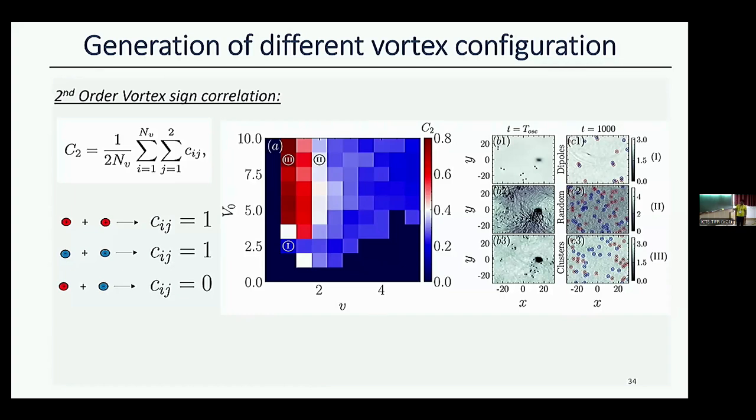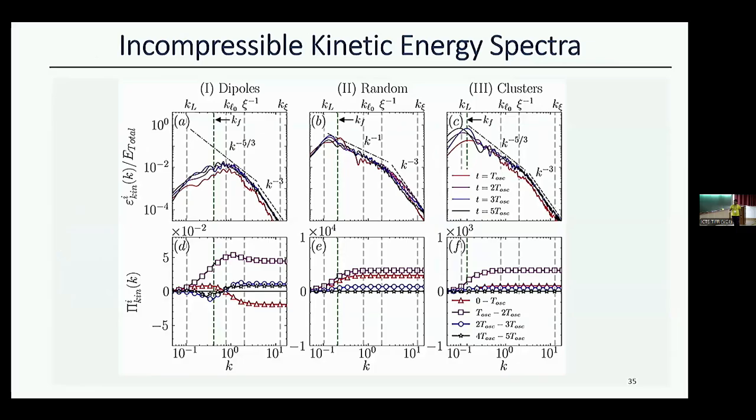So with this, we try to see what the nature of the cascade will be in these three kinds of configurations that we have generated in the different parameter regimes. What we see here is that once the vortex configuration is random in nature, then we get Vinen-like scaling, and this k to the power minus 3 scaling comes due to the vortices.